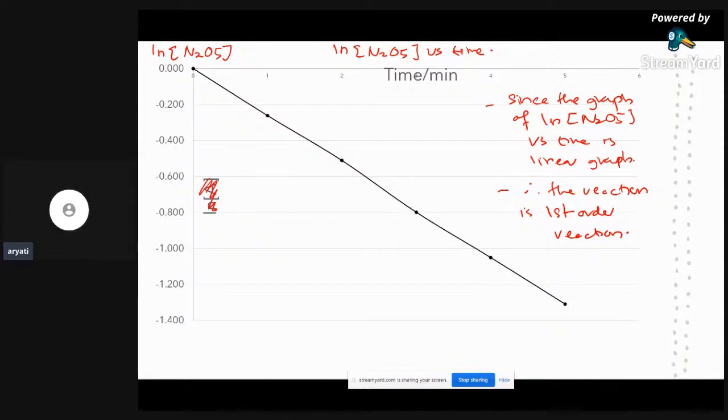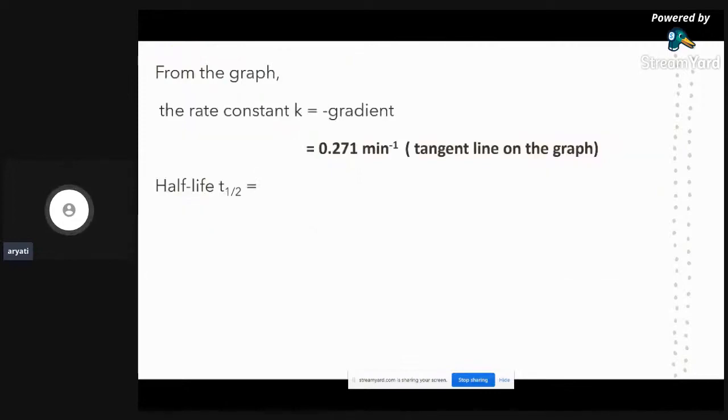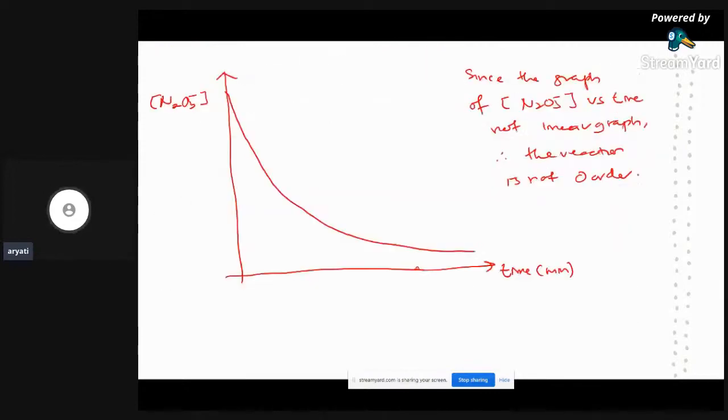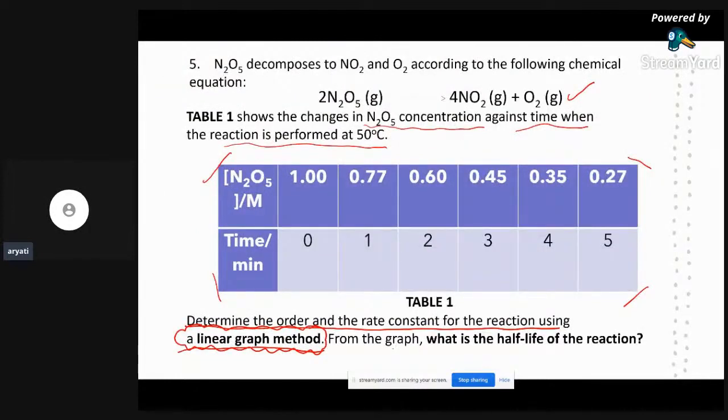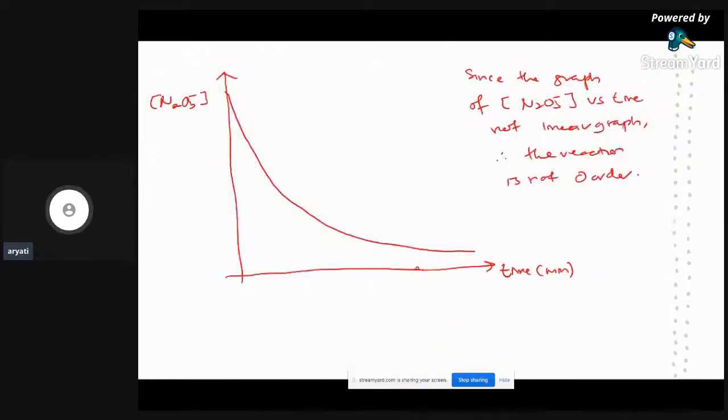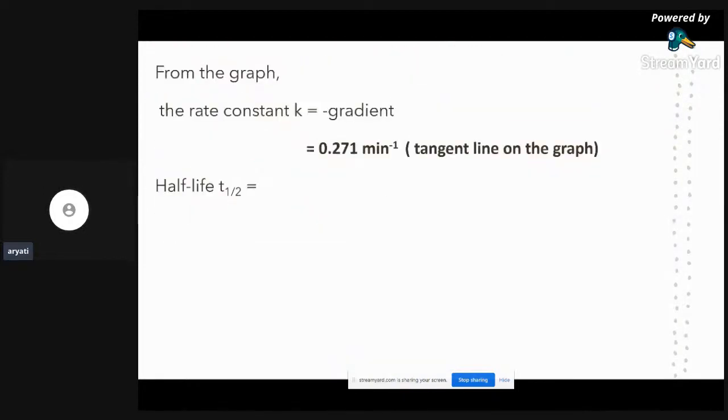Okay. Lepas tu soalan kata, the question asks you to, from the graph, what is the half-life of the reaction? Okay, so half-life of the reaction. So dia suruh kamu cari half-life.